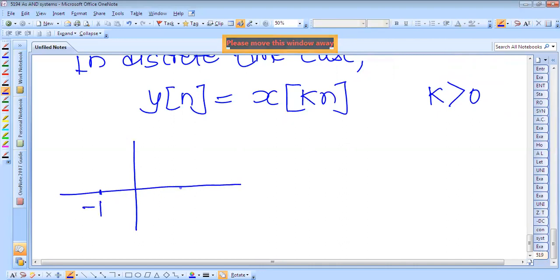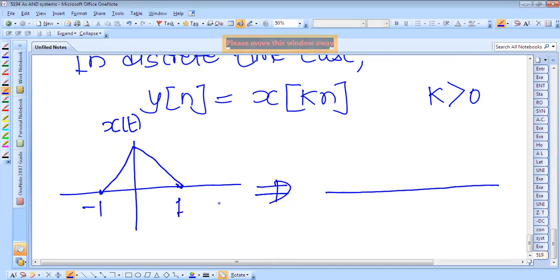So this is 1, this is 1, and suppose this is the input x of t. If your signal is like this, then for the compressed version of this signal, a should be greater than 1.